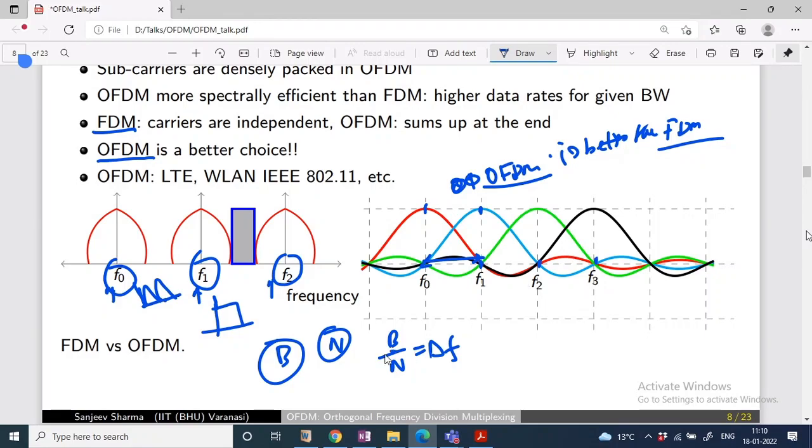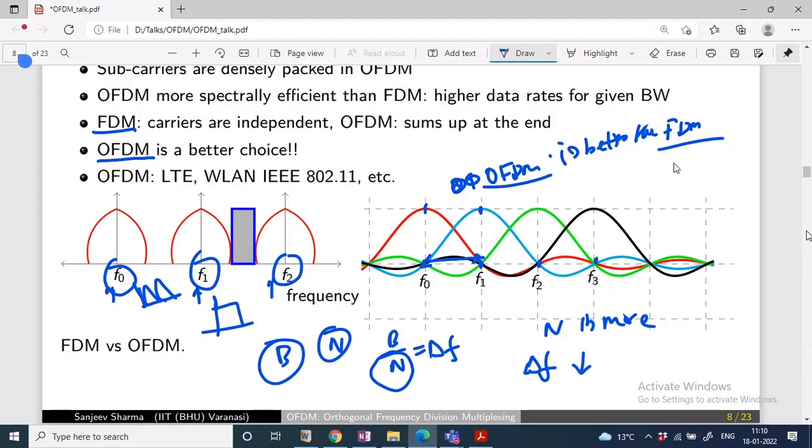So what is the value of n? How many subcarriers can we put? If n is higher, the spacing is reduced, which means carrier offset can easily deteriorate the system.